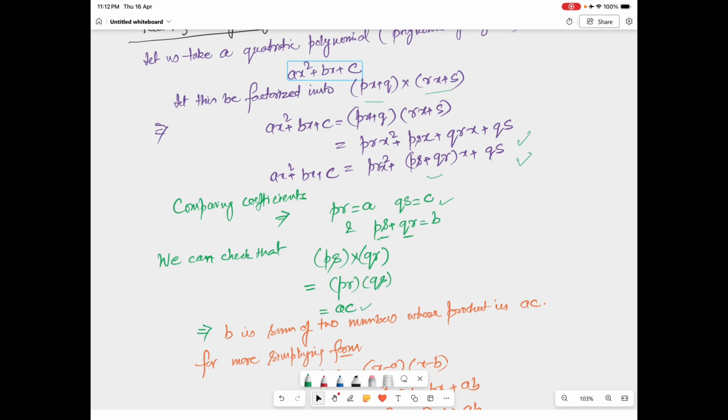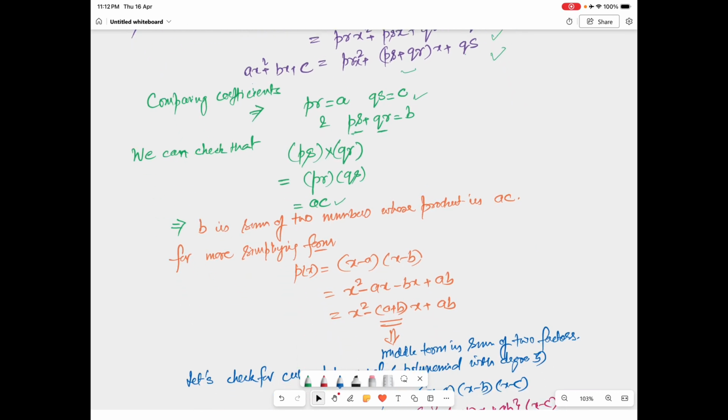So you can see that the middle term will be the sum of two numbers, whose product is the coefficient of x square times the constant term. This you have to remember, because this property will be used to do the factorization.